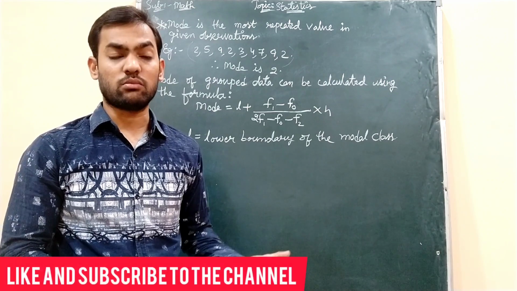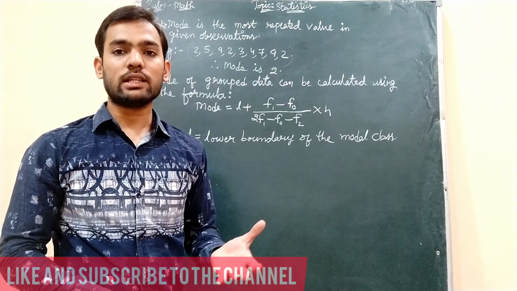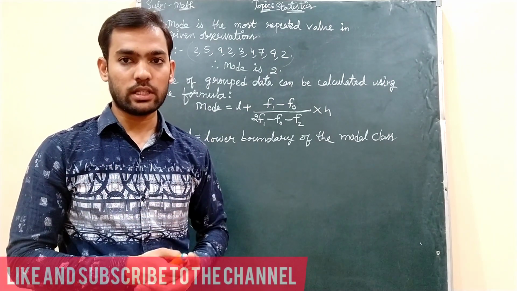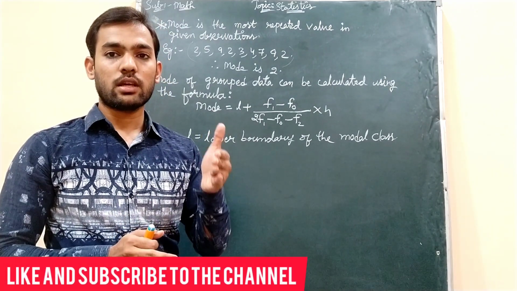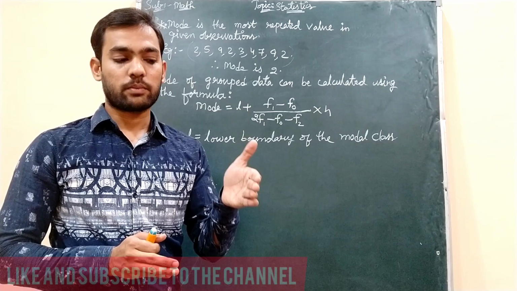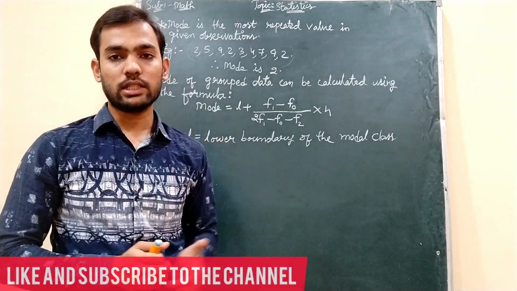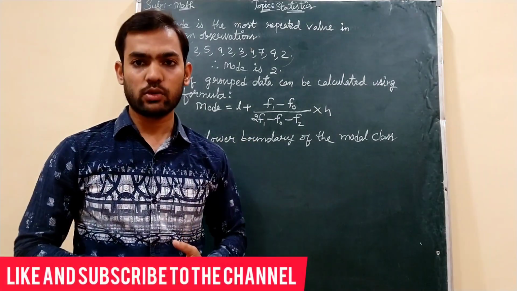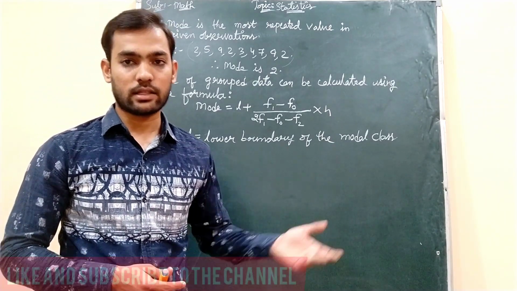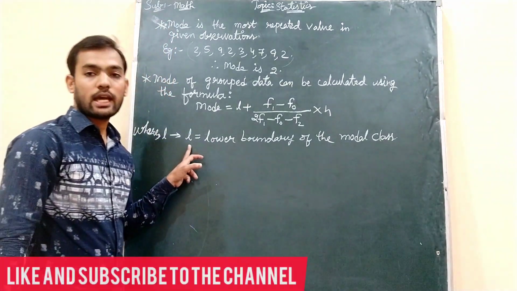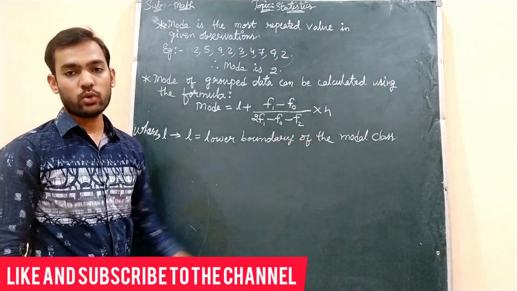So what does modal class mean? Modal class is nothing but, when you see the grouped frequency distribution table given in the question, the frequency having the highest value, whatever class interval is related to that, that class interval is known as the modal class. While solving the questions, we will see what the modal class is. Okay, so here L stands for the lower boundary of the modal class.